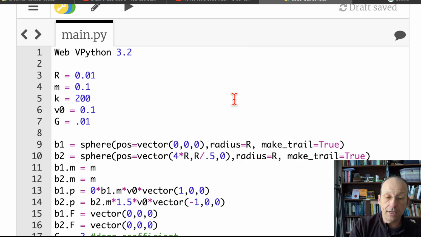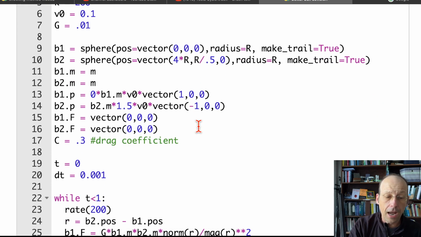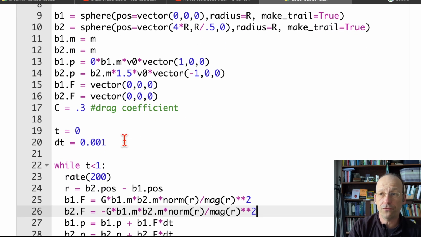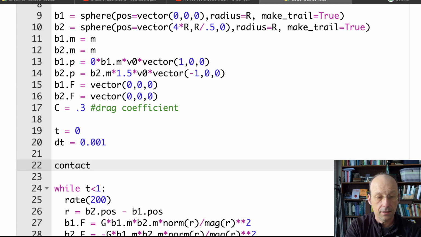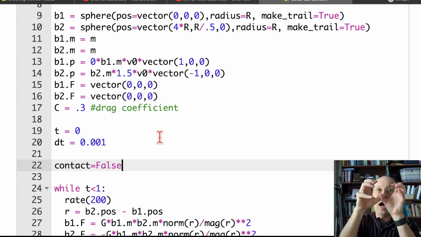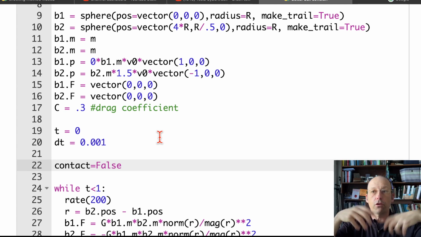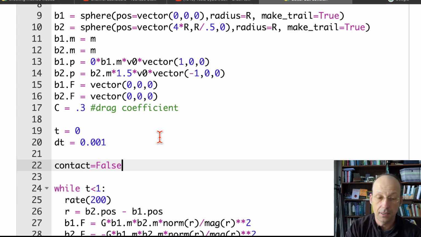But I want to now add the spring force. I'm going to do this with the following. Contact equals false. If they come in contact, I'm going to keep on adding that spring force. But if I'm not in contact, then I'm not going to add the spring force. Does that make sense? Okay.